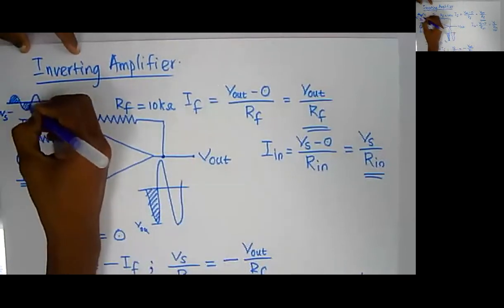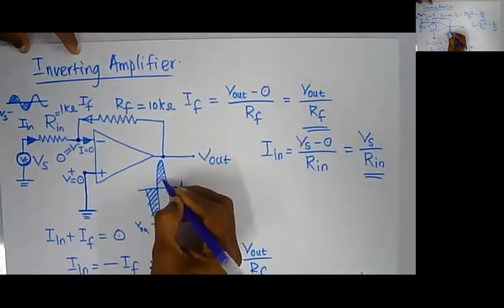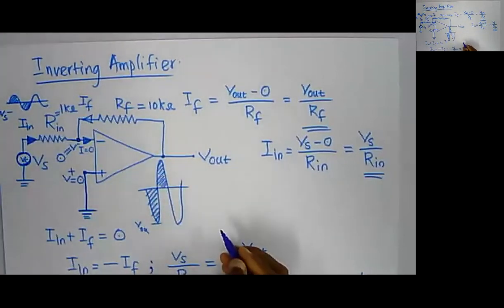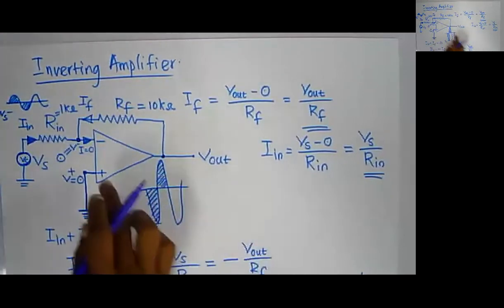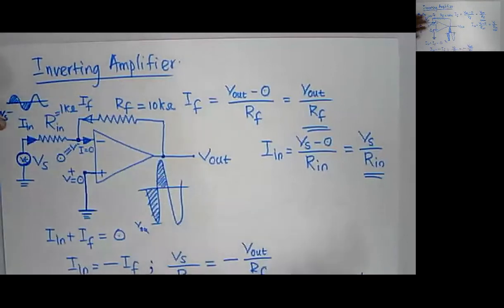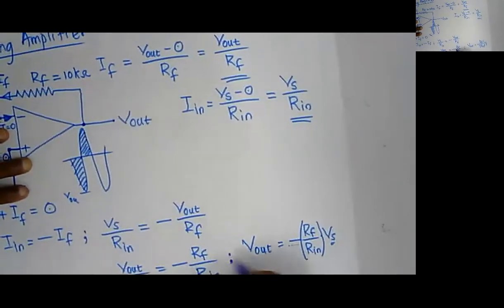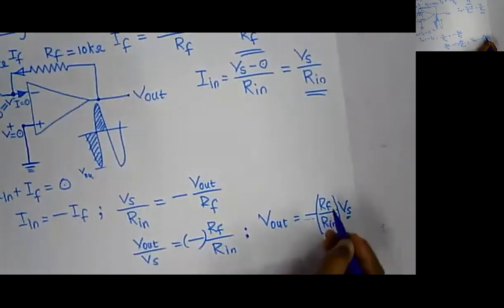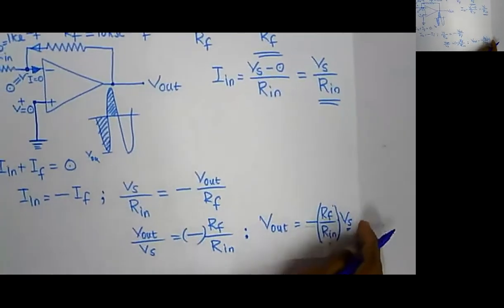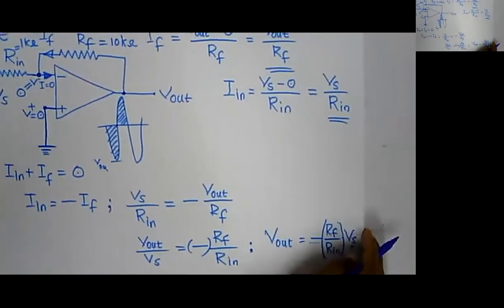Whenever you have a negative half cycle in the input, you will have a positive half cycle in your output, right? So this is how the 180-degree phase shift comes from this minus symbol, right? Also, the Rf by Rin creates the voltage gain. Clear?